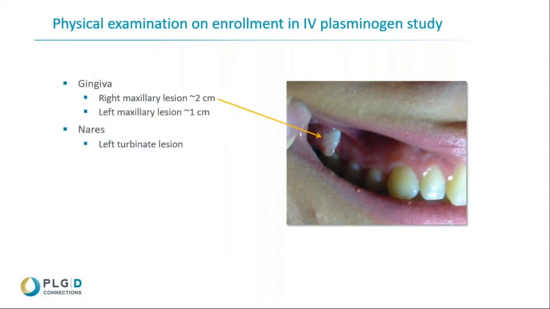On physical exam prior to starting IV plasminogen therapy, she was found to have significant periodontitis and gingivitis with large lesions, as demonstrated in the slide.